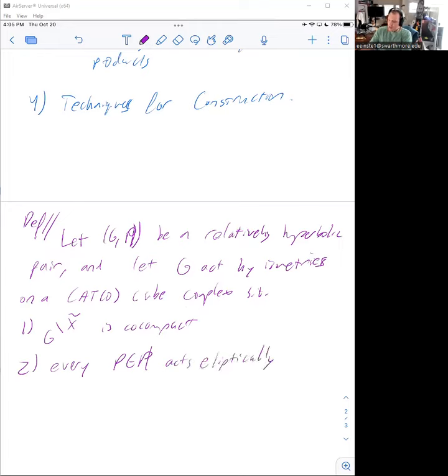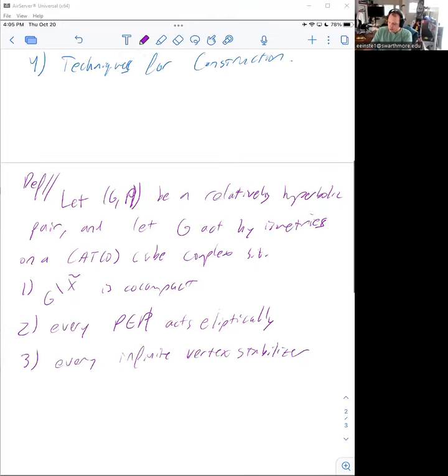So what that means is each one of them has to be the stabilizer of some point, or really some cell. And lastly, every infinite vertex stabilizer is conjugate to a finite index subgroup of some P in P.